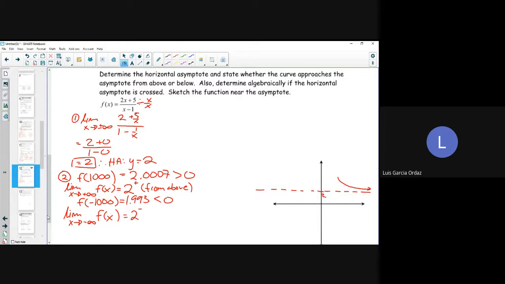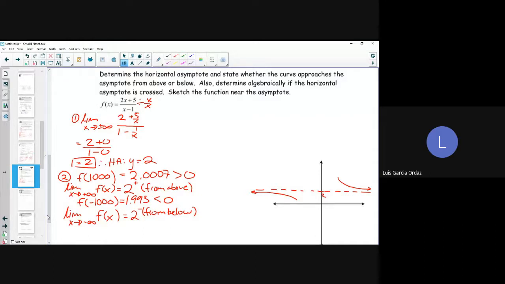So my graph, as we get more towards my negative x values, is going to approach my horizontal asymptote y is equal to 2 from below the asymptote. Which means that I'm going to have something that's coming this way because it's approaching it from below.